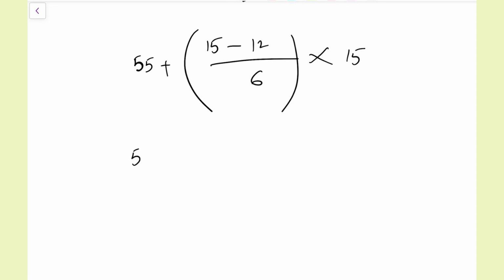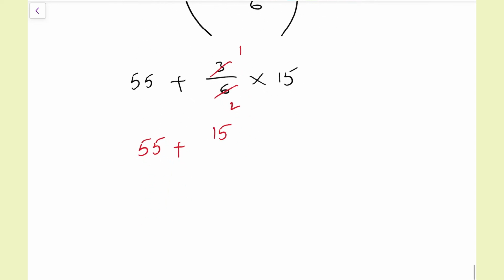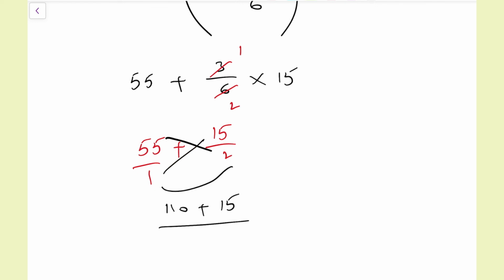So what we will get then? 55 plus 15 minus 12, 3 divided by 6 into 15. 3 ones are 3, 3 twos are 6. So our answer will be 55 plus 1 15s are 15 divided by 2. Write this as by 1. 55 twos are 110 plus 1 15s are 15 by 1 twos are 2. 110 plus 15, 125 divided by 2. This is the median of the given data.